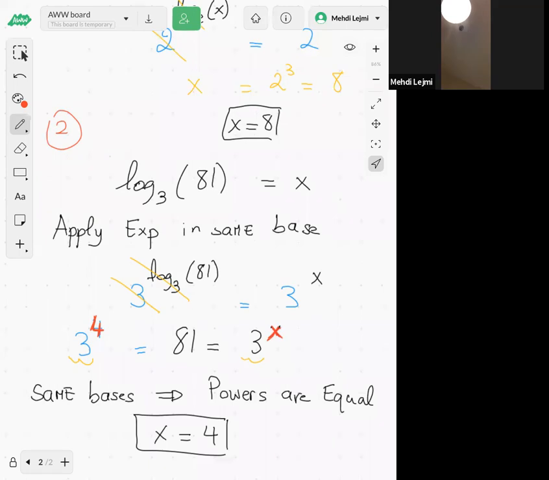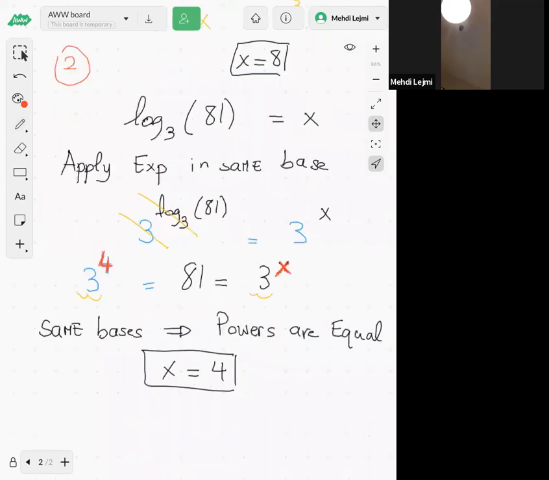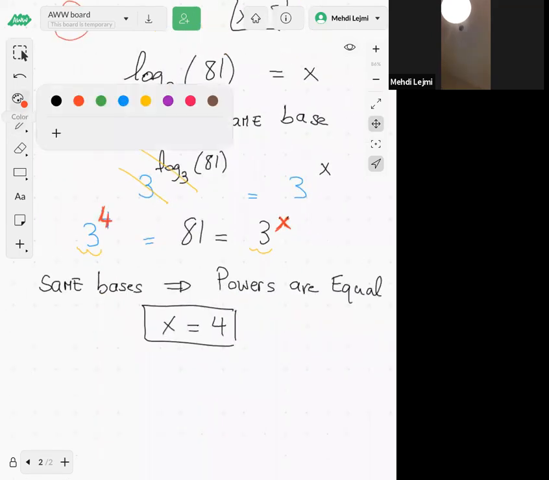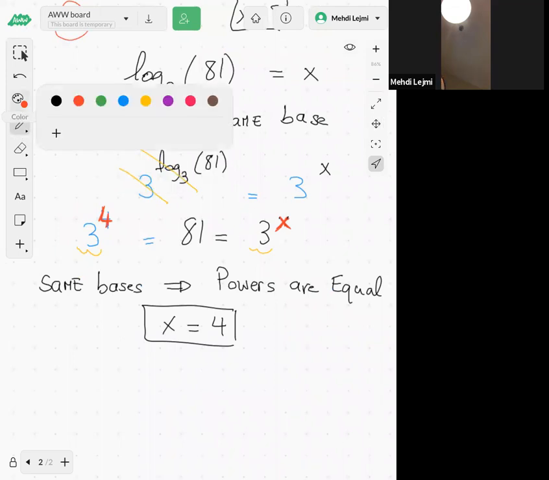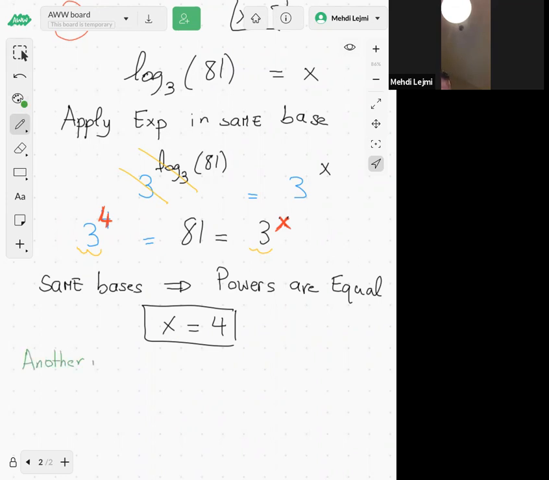Okay, just let me say, guys, here's another way to do it. If you don't like this exponential thing, it's a good idea just to apply this exponential anytime you have a log. But another way to solve this: we want to compute log in base 3 of 81, right?